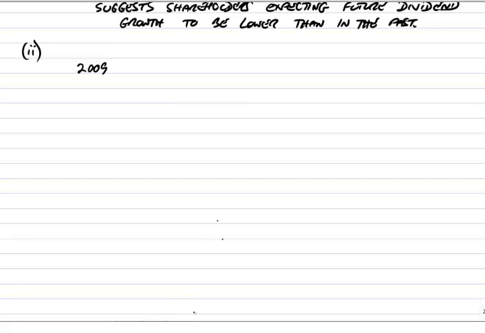We used the formula D0(1 + G) over (RE - G). D0 was the current dividend, the 2009 dividend.